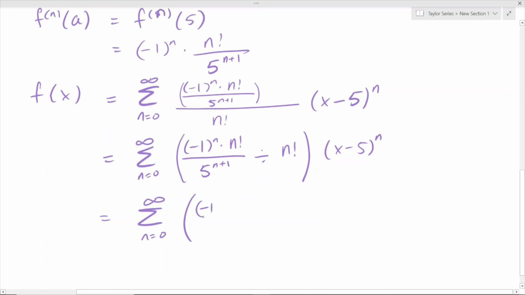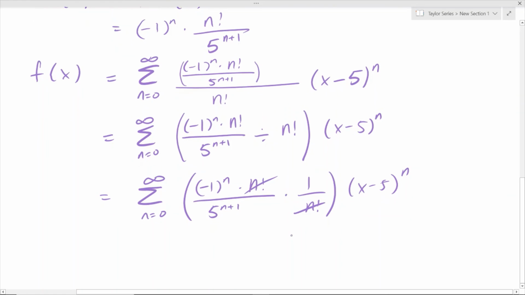Negative 1 to the exponent of n over 5 to the n plus 1 times n factorial times 1 over n factorial, times x minus 5 to the exponent of n. This n factorial cancels out, and let's put brackets around here, it's a little better.